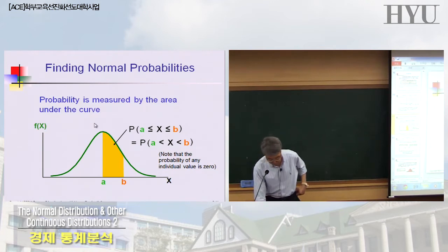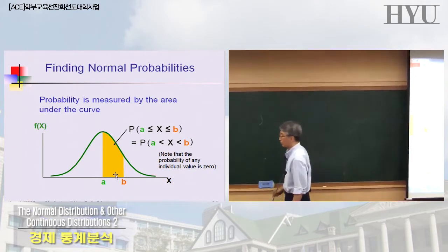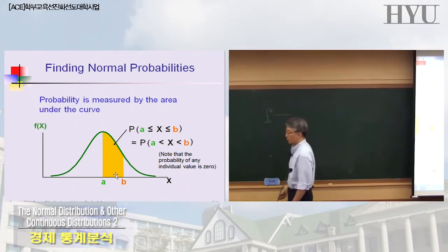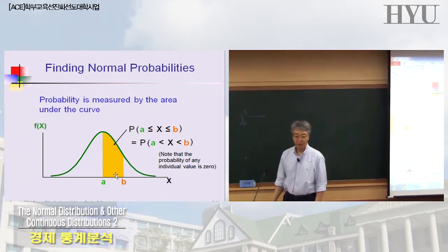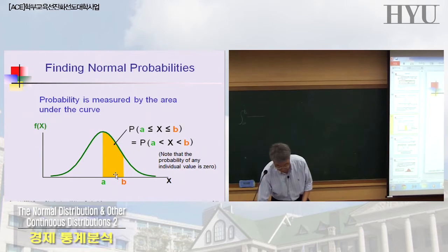we are going to calculate the probability as the area under the curve between any number A and B, okay? And the way you do it is you use integral calculus from A to B, and you know that PDF, probability density function of normal distribution, as I showed you last class, right here.